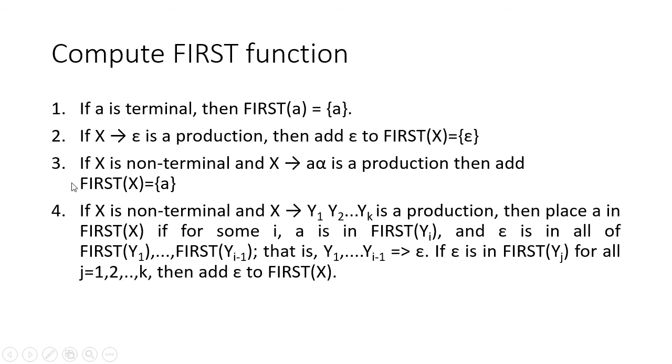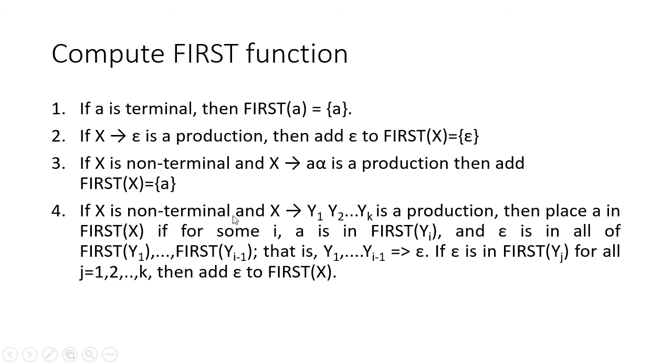If x is a non-terminal and x derives A alpha is a production, then add A to first of x. That means if you notice x derives A alpha, A is a terminal, so immediately the first of x will always be the first symbol on the right hand side.